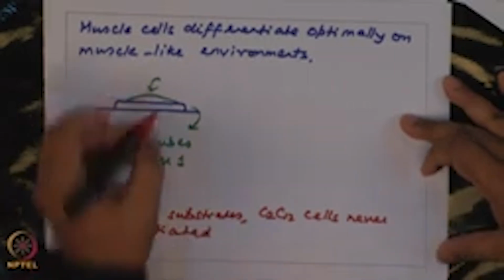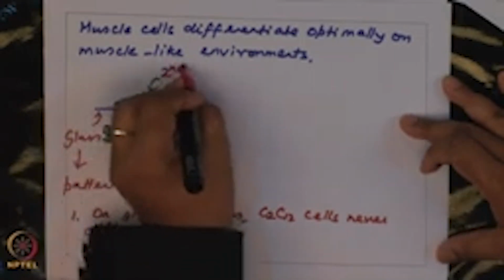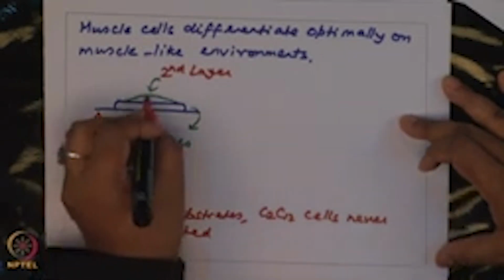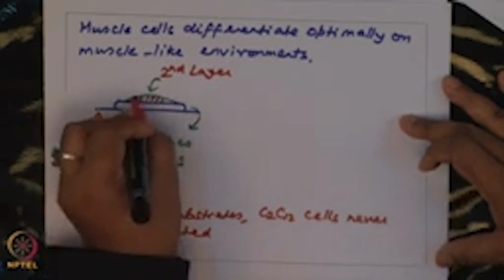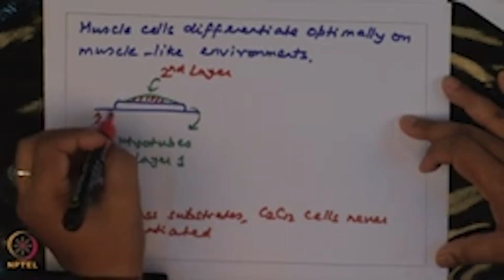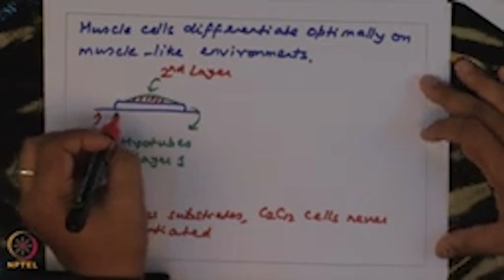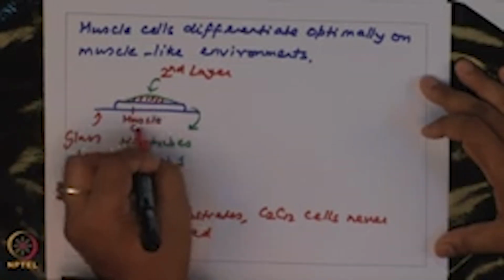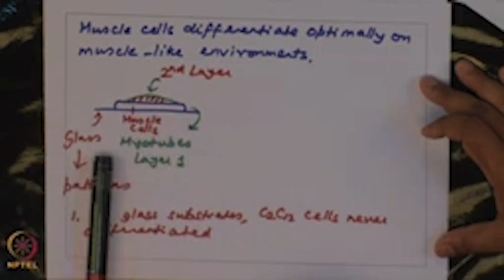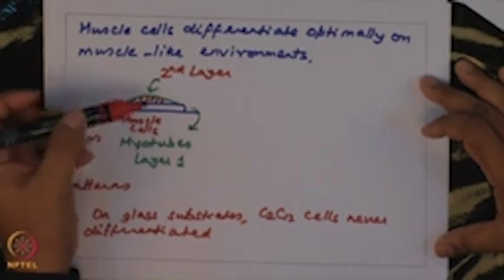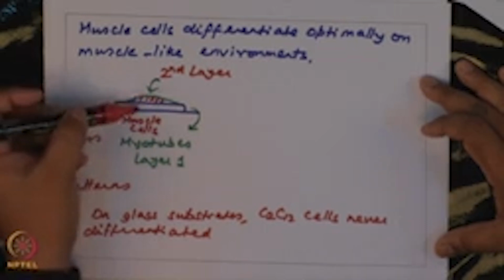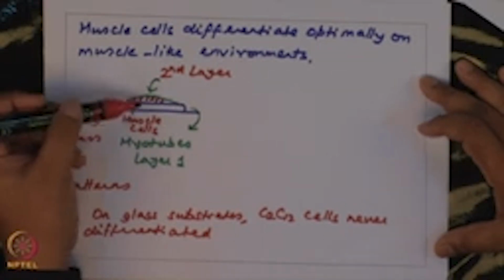Okay. But when you plate a second layer of cells, what they found was you had the formation of these striations. It was very prominent when plated on this bottom layer of muscle cells. So, these are my muscle cells only, right. So, in a sense this suggests that again the second layer of muscle cells are seeing a muscle like environment on which they differentiate.